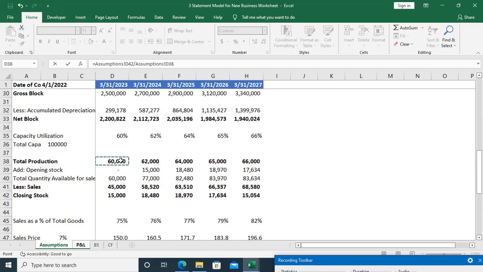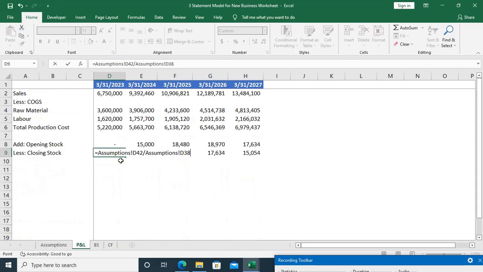Divided by total production, divided by total production, multiplied by total production cost. Then equal to, we could have taken this into consideration, and for the closing stock we can again do the calculation here. So we took this. Now if I copy it, am I getting the correct result?